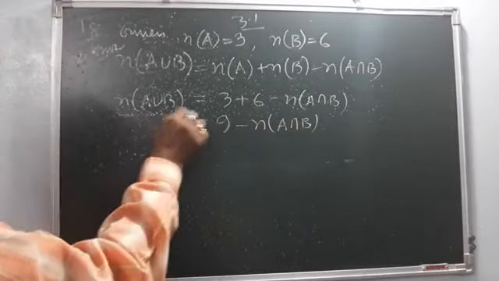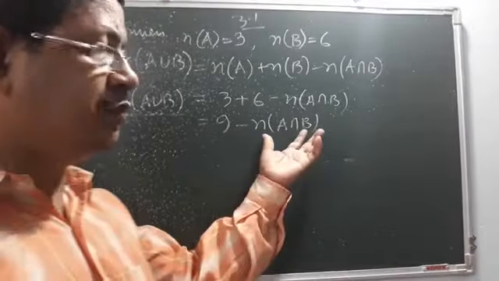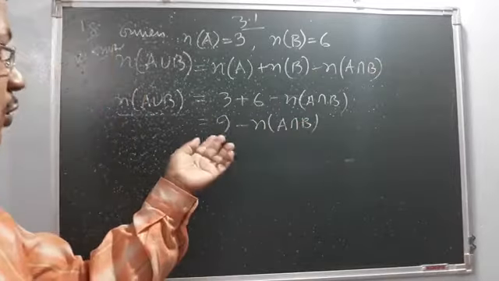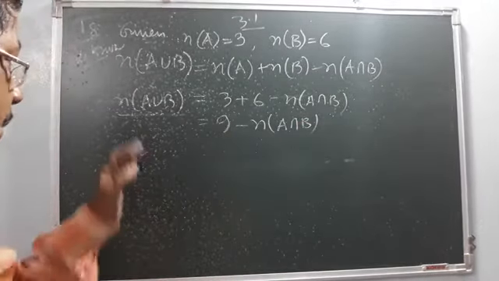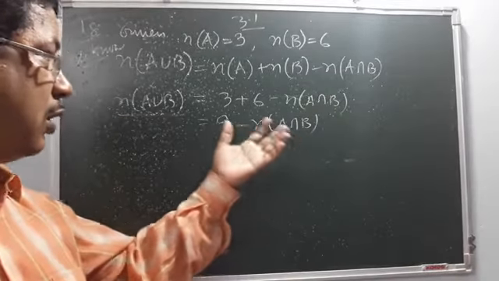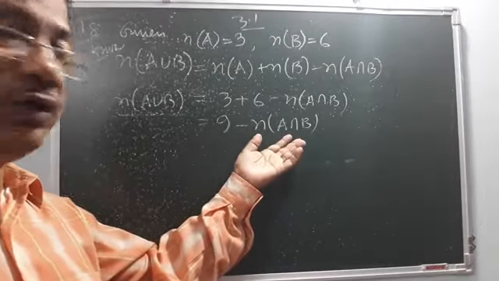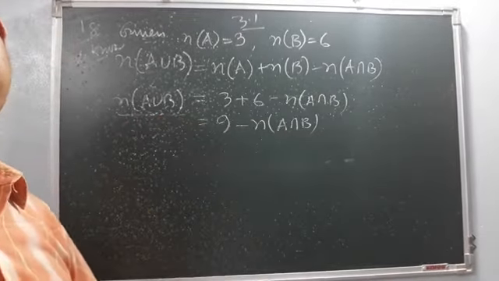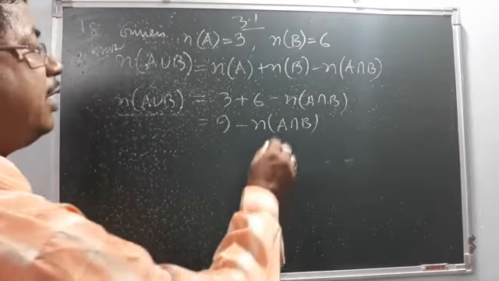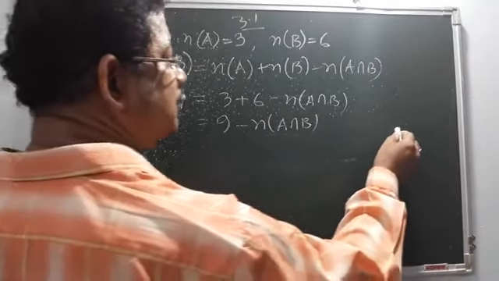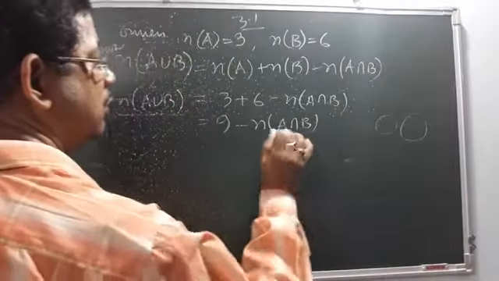Now see that if n(A intersection B) has any positive value, it will make the result less than 9. But if it is 0, it will give the maximum value. So can it be 0? Yes. A intersection B can be 0 if they are disjoint, with no common element.